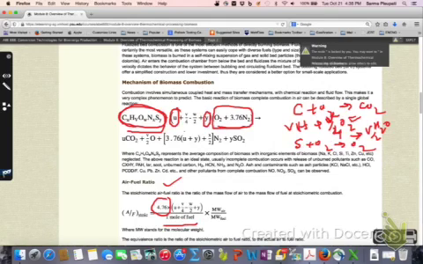When you multiply the moles of fuel by the molecular weight, you get the mass of fuel, and the moles of air multiplied by the molecular weight of air give us the mass of air. So this gives us air mass divided by fuel mass.